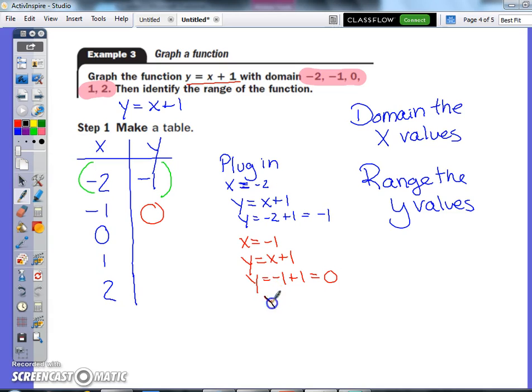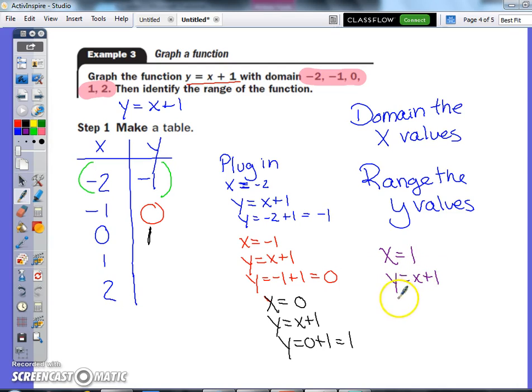Then when x equals 0, you have y equals x plus 1. You plug in 0, y is 1. A third ordered pair. When x equals 1, you have y equals x plus 1.